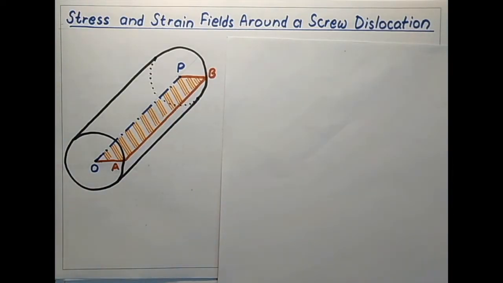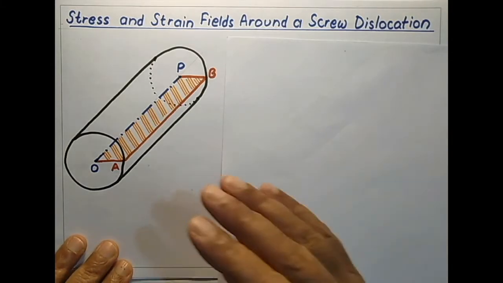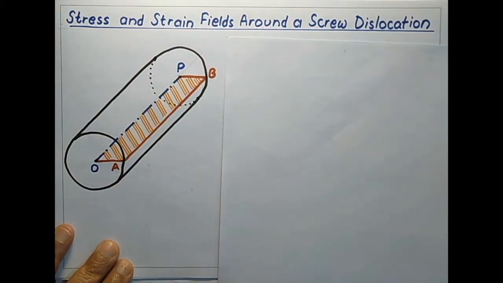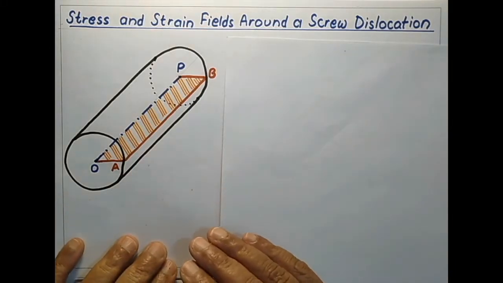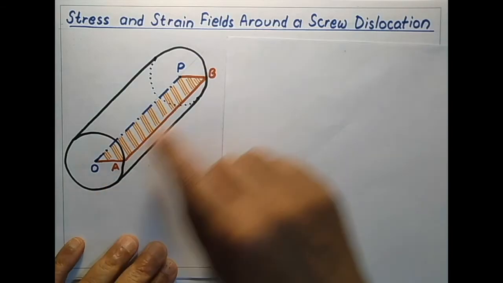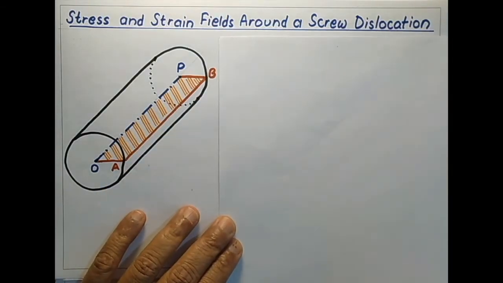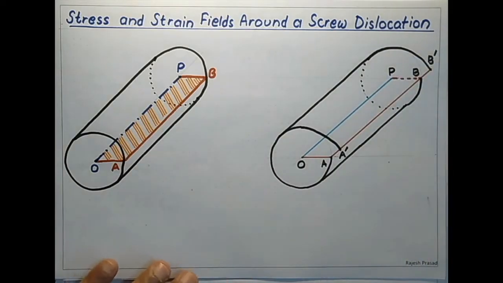Now I will slide the material on one side, let us say the material above this plane, with respect to the material below the plane, and I will consider the sliding direction to be parallel to the axis OP of the cylinder. This will result in a configuration which I am showing here in this figure.